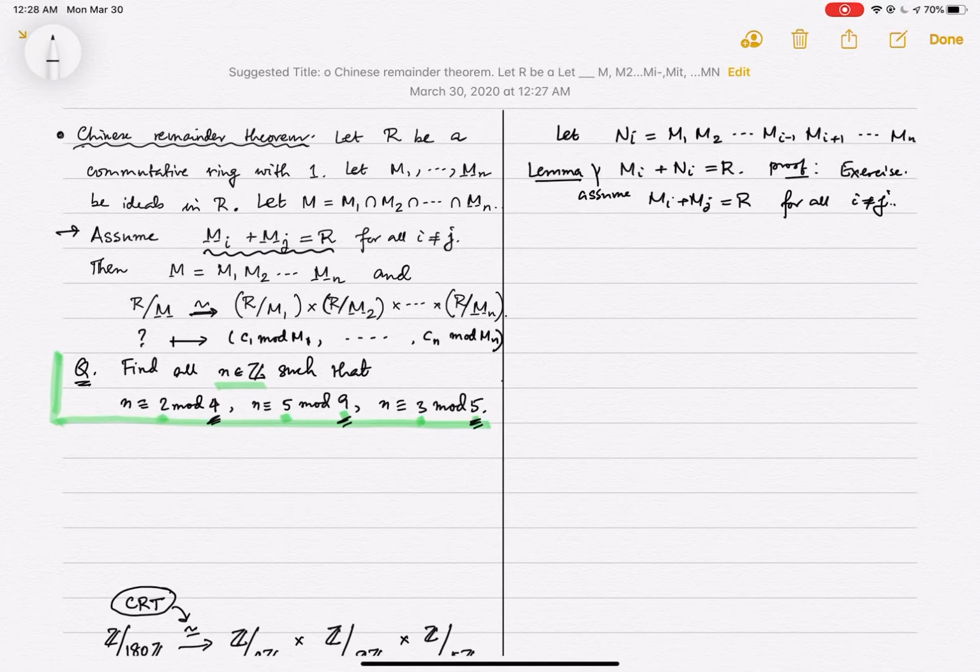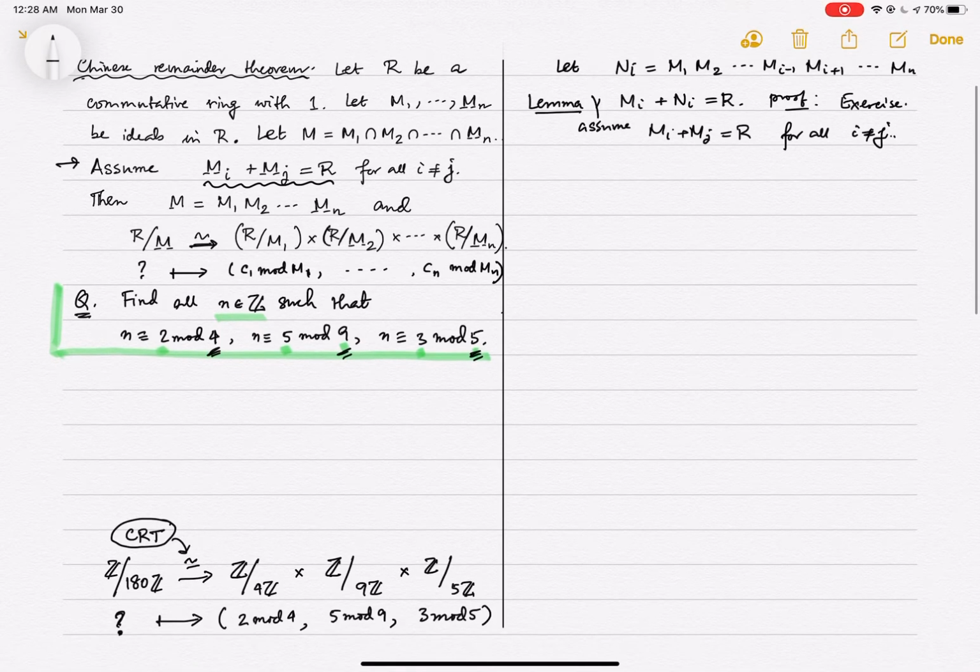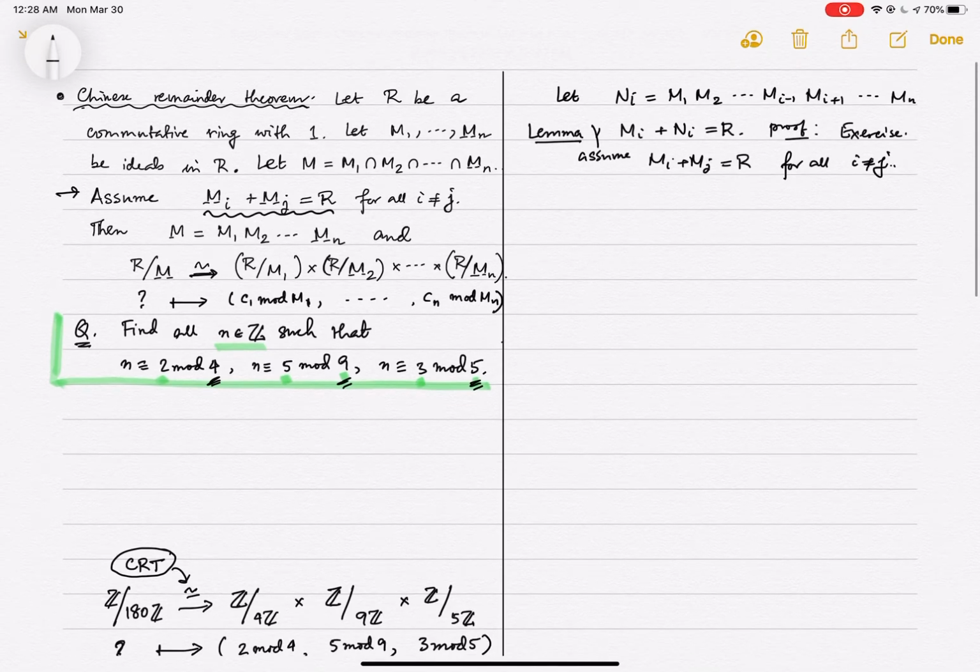In any case, I won't prove this because this would be clear in our example. But if you grant me this, what does this mean? This means there exist ai in mi and ei in Ni such that ai plus ei equals 1. Because 1 is in R, so that can be written as a thing from mi plus a thing from Ni.